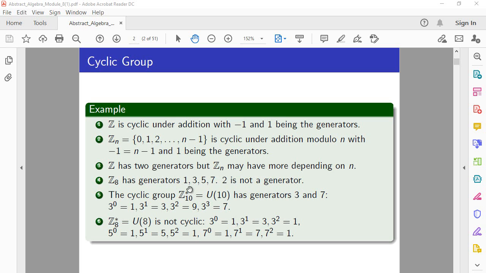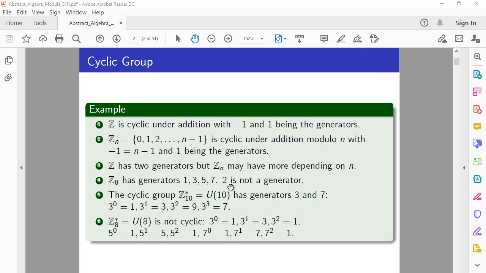And one thing I want you to observe here is that the generators of Z8 are basically numbers in Z8 that are relatively prime to 8, the modulus. So 1, 3, 5, 7, these are the elements of Z8 that are relatively prime to the modulus 8. Notice that 2 is not going to be a generator.